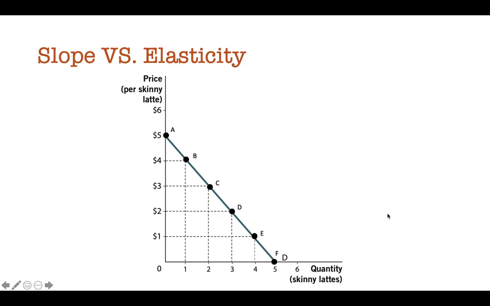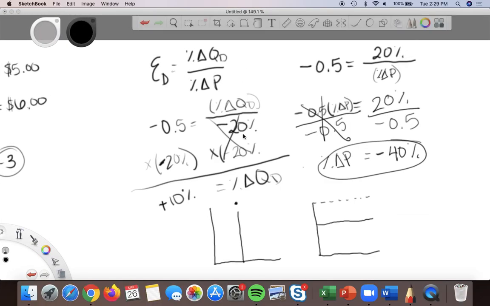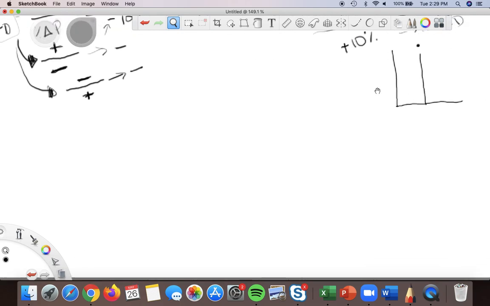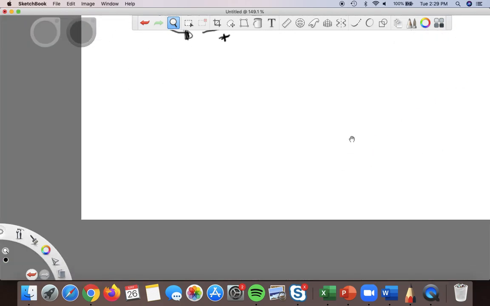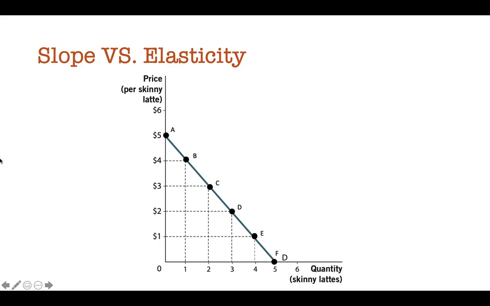However, the elasticity is not going to be the same here. So this is going to be a chance for us to do more practice with that long version, the Q1s and the Q2s of that elasticity equation. So what I'm first going to do is calculate the elasticity of demand from point A to point B. So everything at point A is going to be my first price, my P1, and my point B will be my second set of price and quantities demanded.